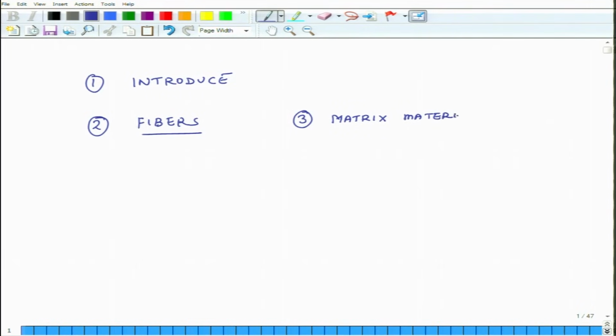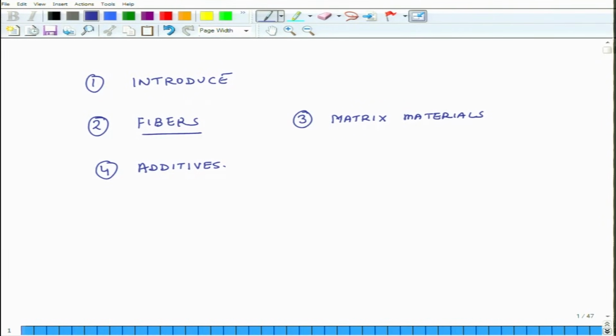Now, engineering composites are not only mixtures of fibers and matrices, but there are some additional additives also in the system. So, we will also discuss other additives which are used during fabrication or manufacturing of composite materials.